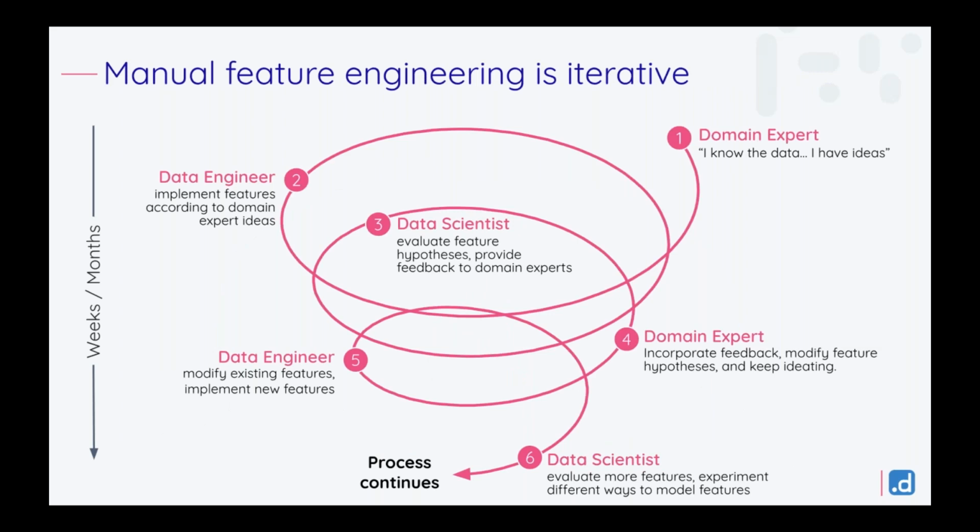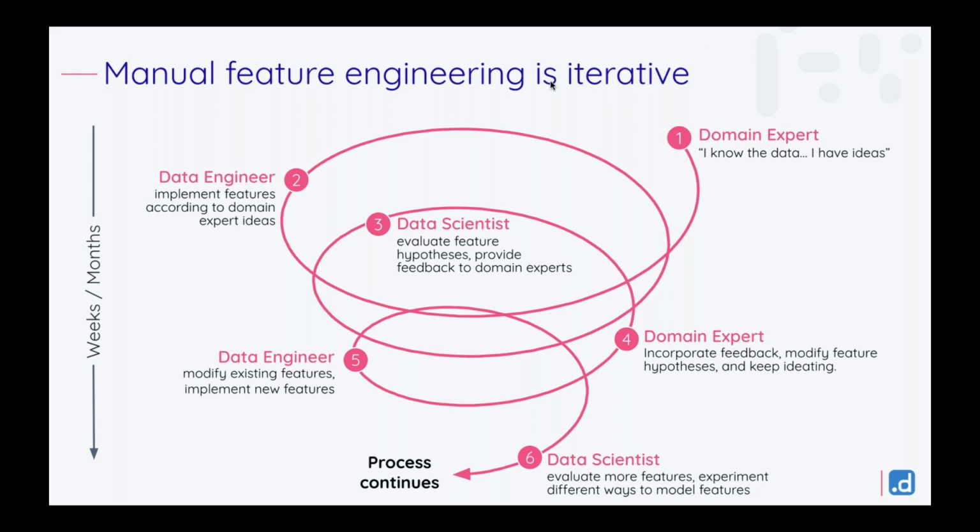And this is how manual feature engineering works in action. It typically starts with the domain expert. As I said, they have the knowledge. They know the data. So they will start by saying, I know the data, I have some ideas, these are the leading hypotheses, let's start with this. Then they give that idea to data engineers.